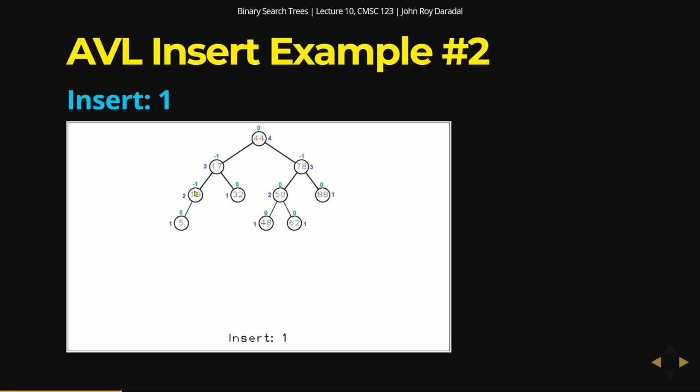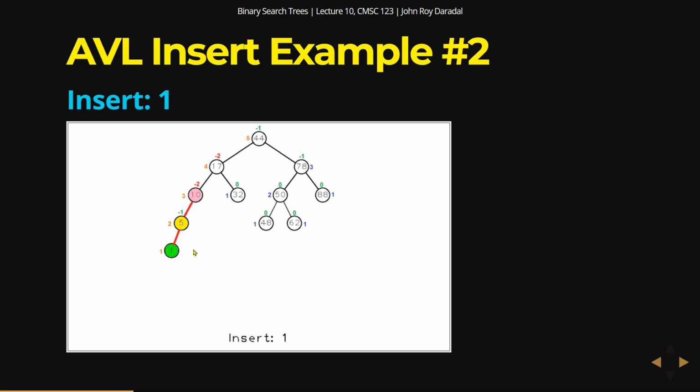Now how about if we add 1? So if we add 1, we'll add it here, and then let's recompute the balance factors. So from 1, it's still balanced because it has both zeros.